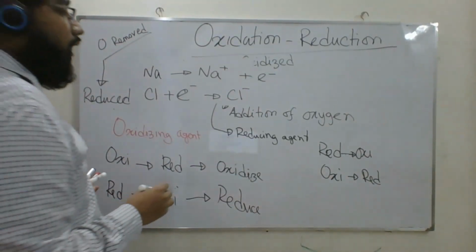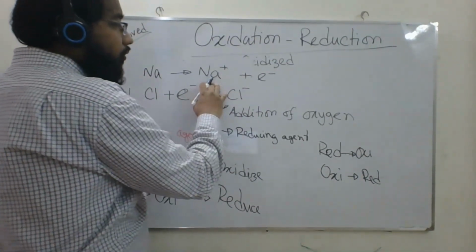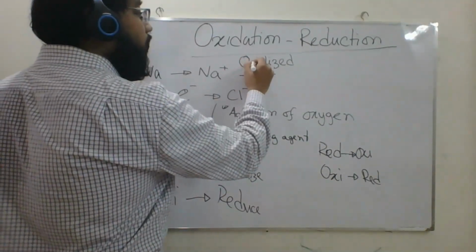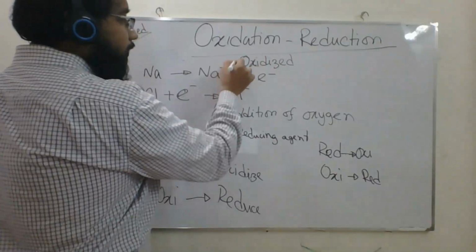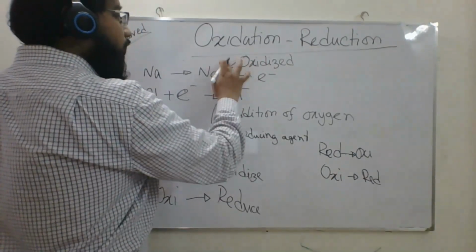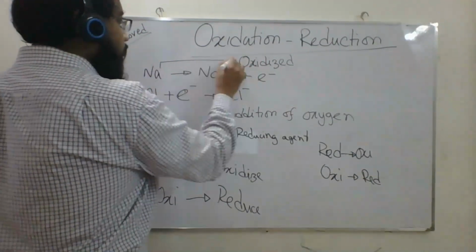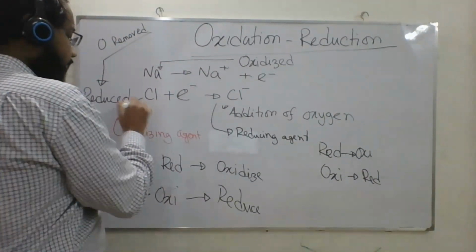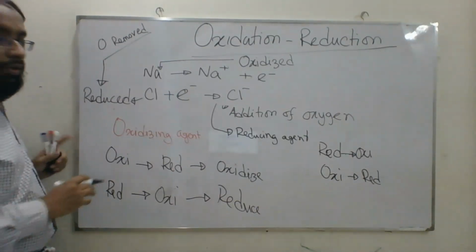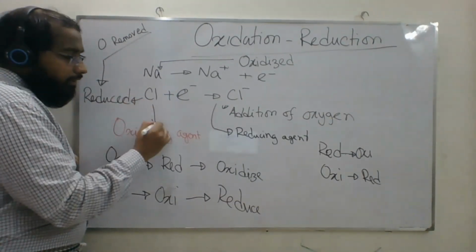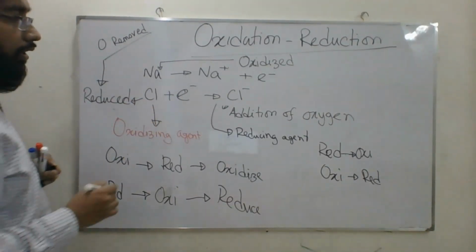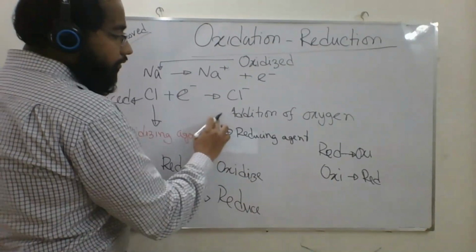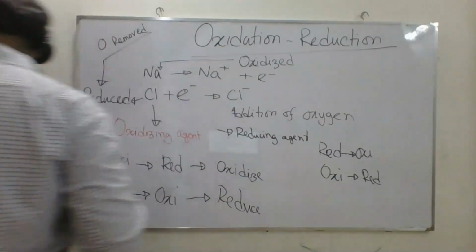Now, removal of electron is oxidation. Now we can say sodium gets oxidized. Again, chlorine is reduced. If chlorine is reduced, then chlorine is an oxidizing agent, and sodium is a reducing agent.